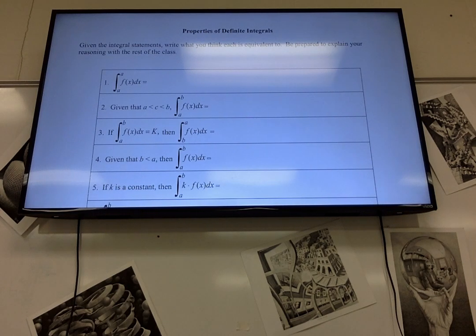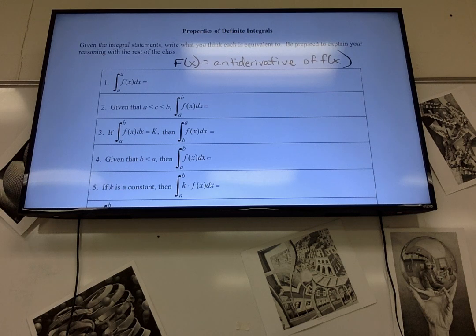So first off, big F of x is what we get when we do the antiderivative of little f of x. It's just some notation. And we're on page 495. All right.